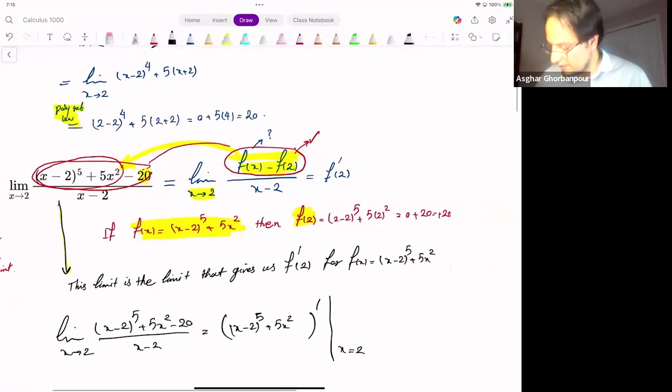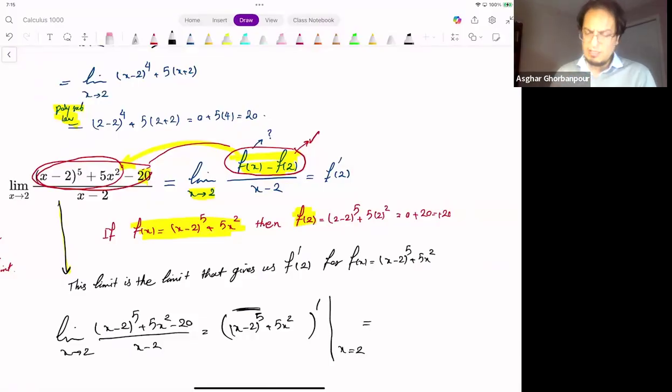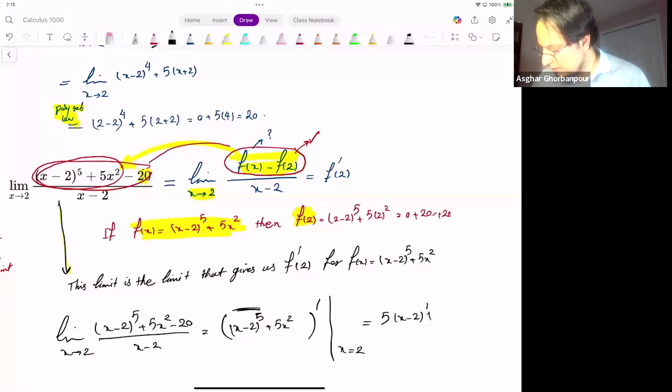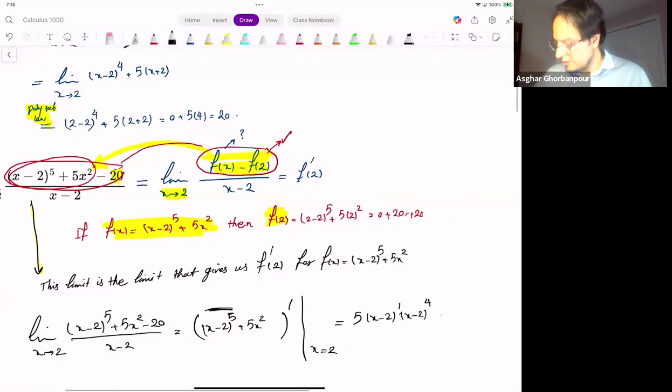Now we have to differentiate this. This is the generalized power rule, or power plus chain rule: n u prime u to the power n minus 1, plus the product and power rule, which gives 10x. Then I plug in x equal to 2.